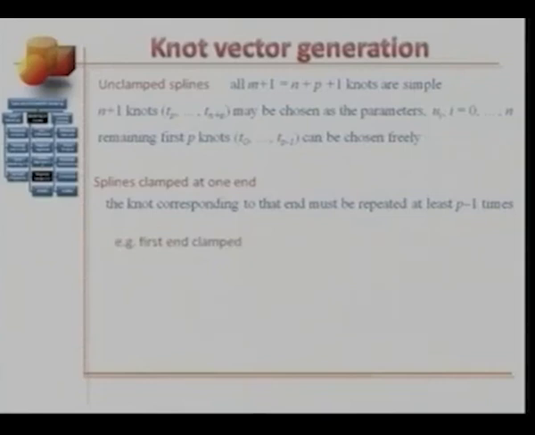For example, if the first end of the spline is clamped, then we have the knots T1 equals T2 equals T3 up till T of p minus 1. And these would be our free choices.